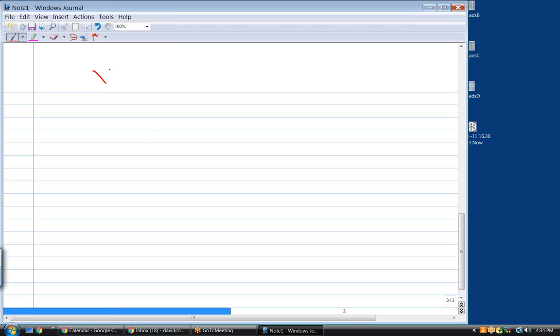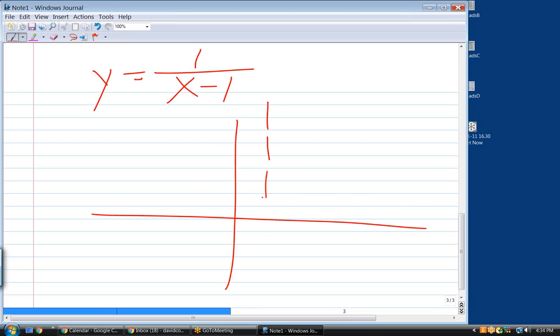Let's say I had this graph. Hyperbolic again. I know there's a vertical asymptote at x equals 1, and this graph looks like this.